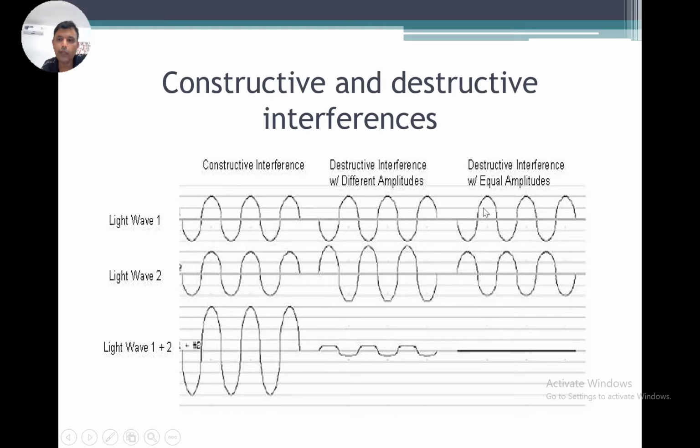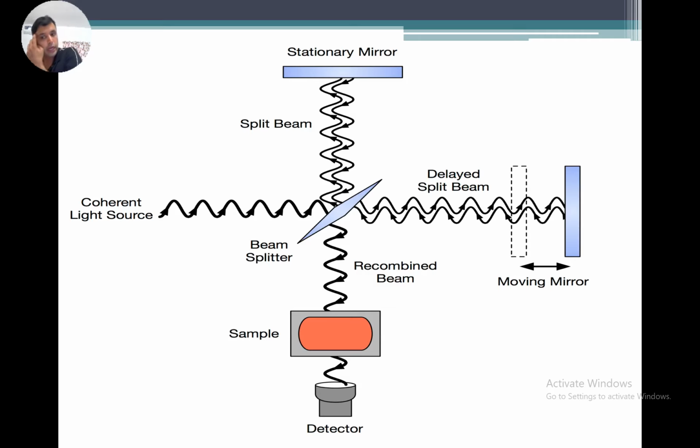But if they are in opposite phase, out of phase, then destructive interference will happen. So we can see that a pulsating effect can be generated with the help of this interferometer. That is the main advantage. Because of the position of the moving mirror, constructive and destructive interference is going to happen.